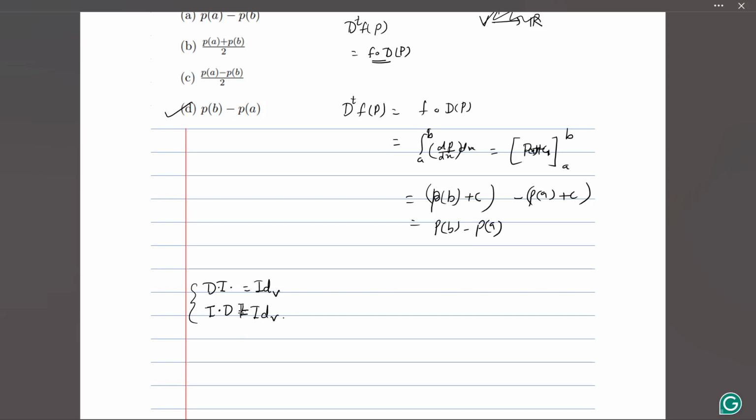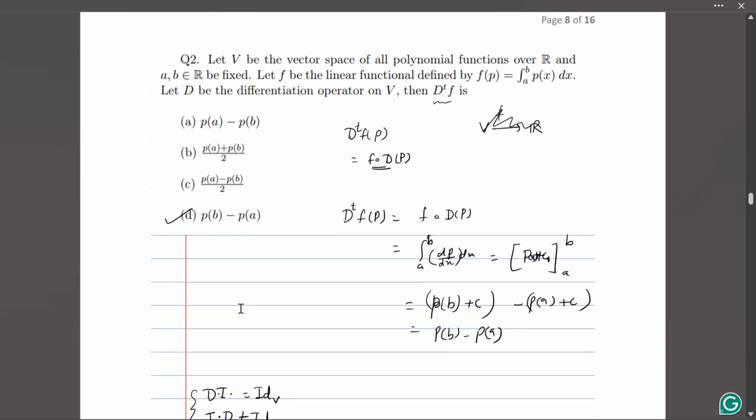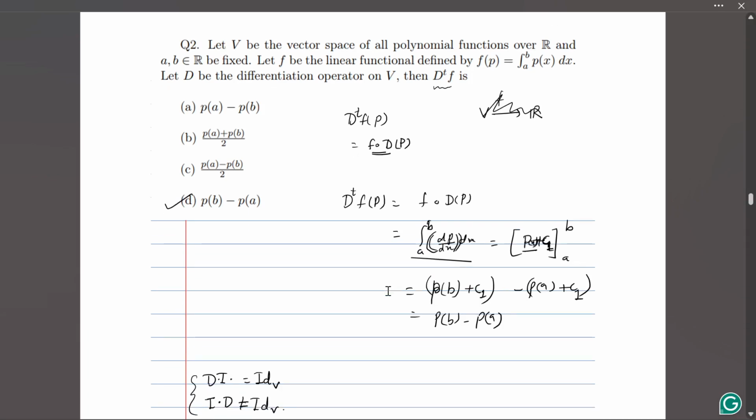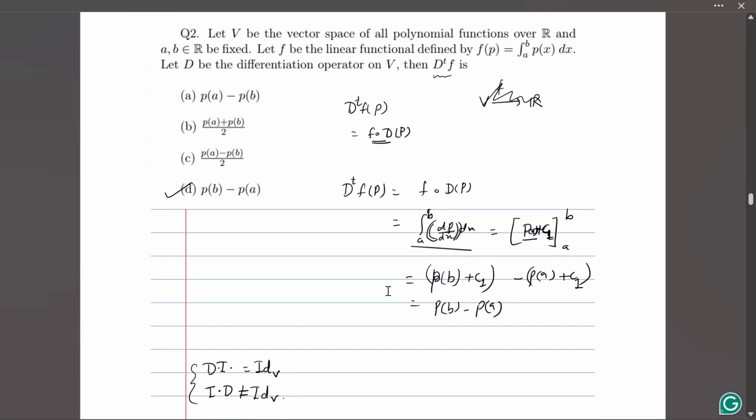In the last exercise we did this. Okay, but you understood this, right? Integrate, inside you have dp by dx. Integration will be p of x, but some constant of integration will come, let's say c1. So I suppose it is understood. So, option D is correct.